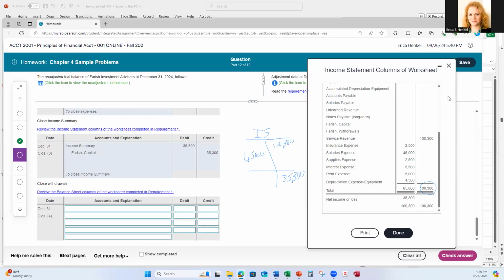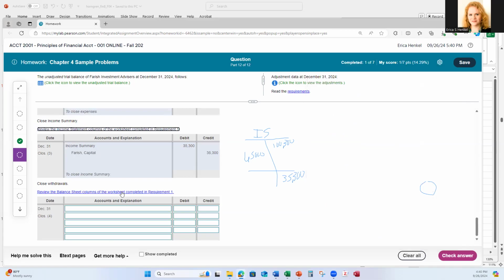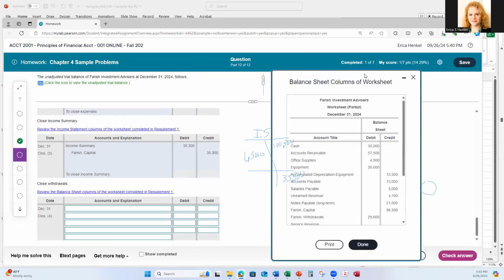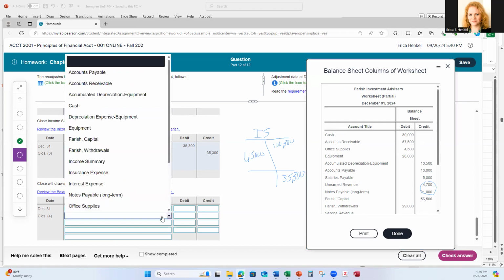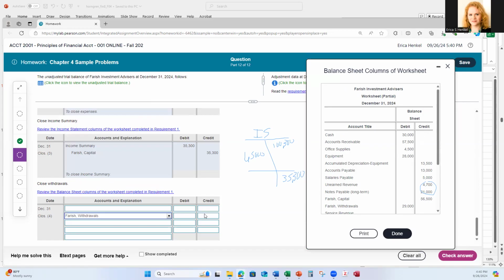All right. And then last entry here, they're showing us the balance sheet columns where we can find our withdrawals. So there's a debit balance in the withdrawals, and we need to credit it in order to get rid of it. So that's going to be our credit value, to offset this debit balance right here.